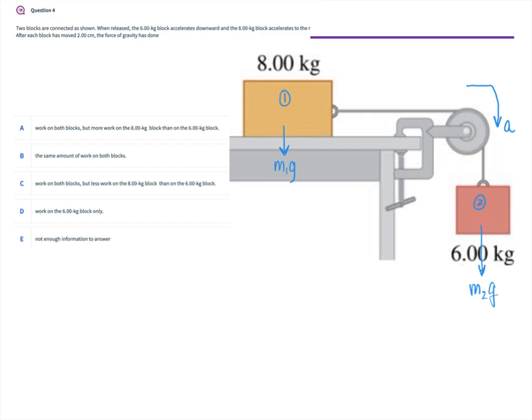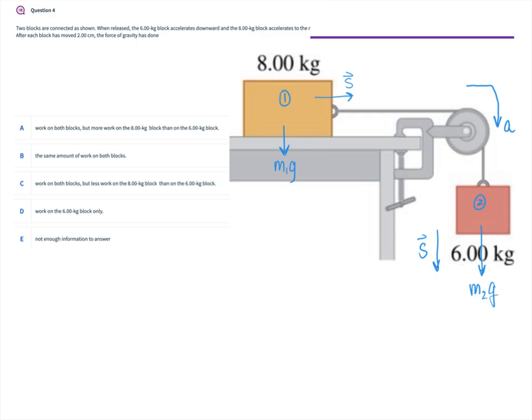And then I want you to think about how the displacement compares to that force, where this is important here because we see that the 8 kilogram block moves to the right and the 6 kilogram block moves down.